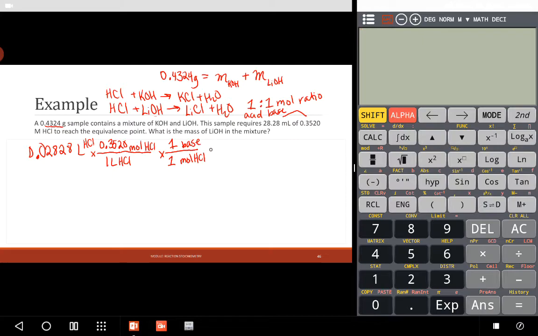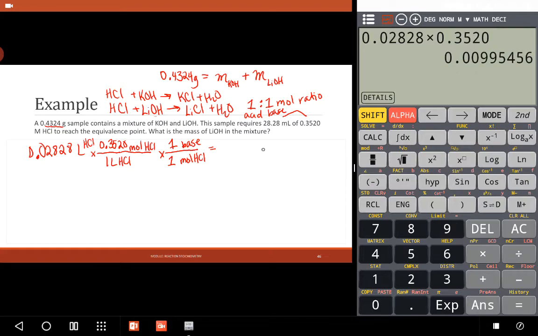I don't know which base it is, but I do know it's 1 mole of base. So this is 0.02828 times 0.3520. I'm going to write this down: 0.0099545 moles. And I'm going to go ahead and store this, to make sure that I can keep that number.